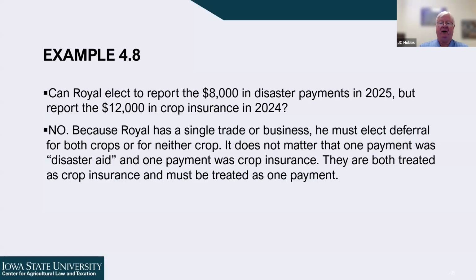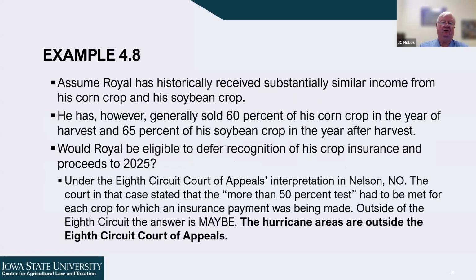So here's the answer to that prior one. He can't do what that split was. He has to report them individually or combined. If he historically received substantially similar income from his corn crop and his soybean crop, and sells 60% of the corn crop in the year of harvest and 65% of the soybean crop, would he be eligible to defer that recognition if he is outside of the 8th Circuit, which for the most part you're going to be dealing with?